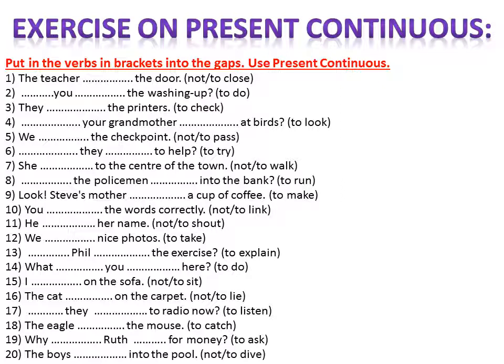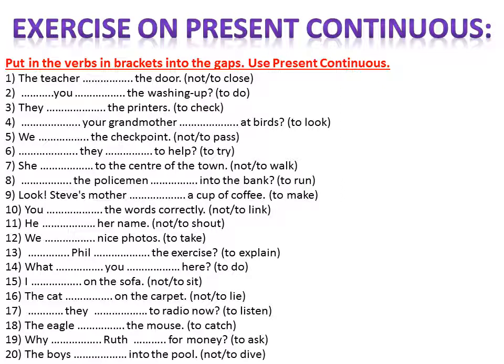So the question will be, are you doing the washing up? Number 3. They, the printers. They are checking the printers. Number 4. It's a question. Is your grandmother looking at birds? Number 5. We, the checkpoint, not to pass. We are not passing the checkpoint.